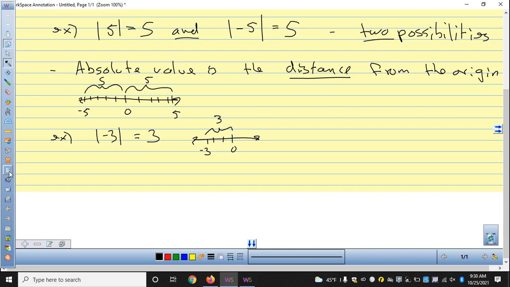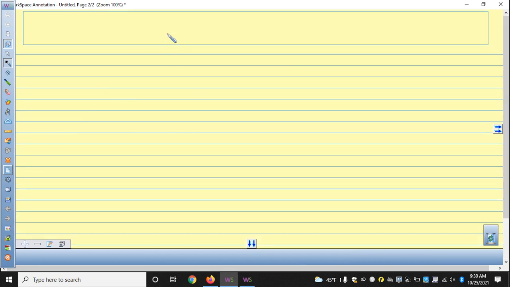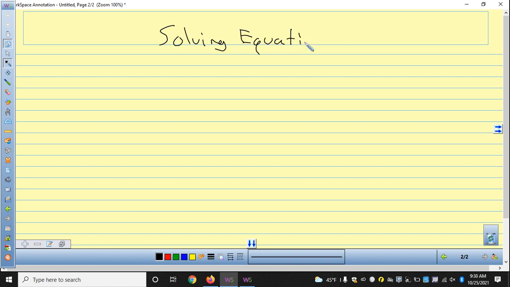All right, so solving equations is really what we want to do. And for absolute value equations, I'm going to write down some steps.